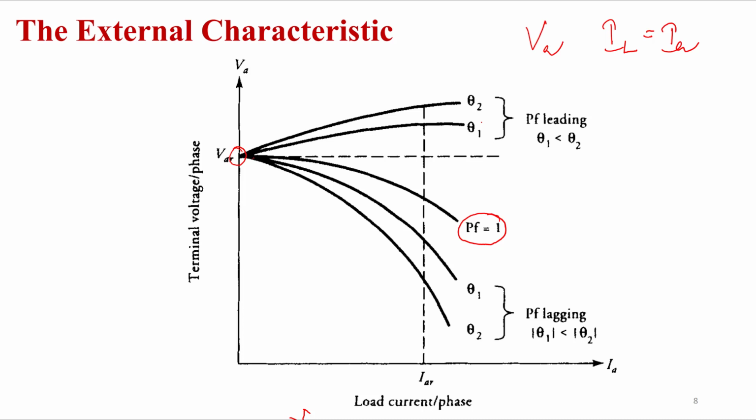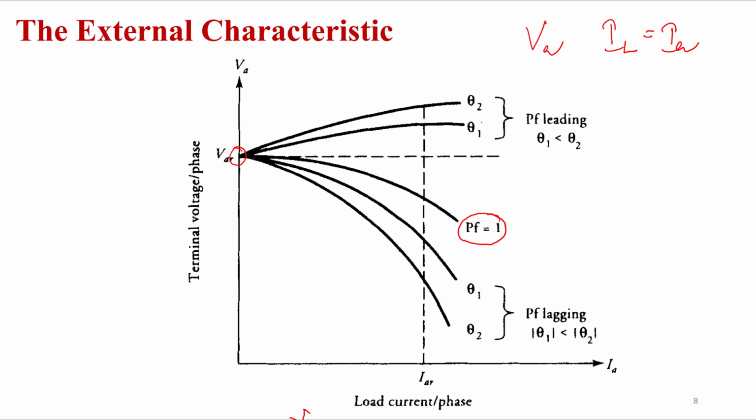So this effect we are also feeling in our campus, right? Because all the supplies in our campus are through underground cables, and we are not finding an overhead line here. Underground cables, in fact, have more charging capacitance compared to overhead lines.